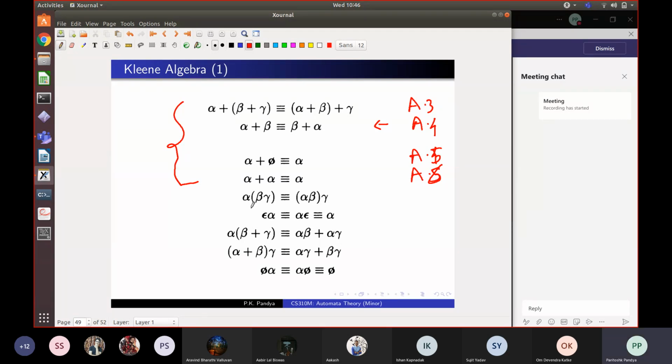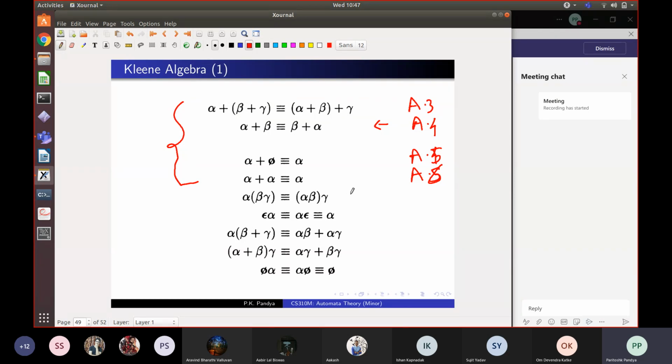Also, in case of catenation, catenation is associative. Alpha catenated with the catenation of beta and gamma is the same as alpha catenated with beta, catenated with gamma, right? And if you take epsilon catenated with alpha, it will give you alpha. Because the empty string catenated with anything will give you the same string back, and when you apply it to every string in alpha, you will get this back.